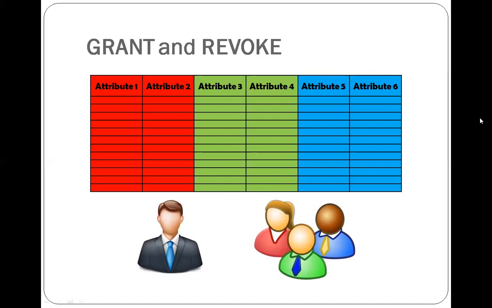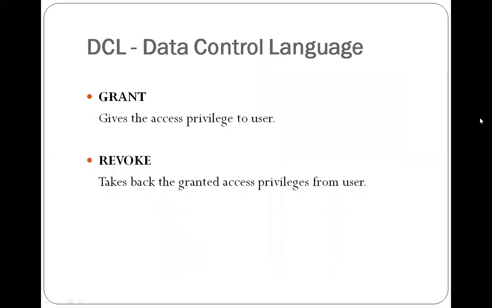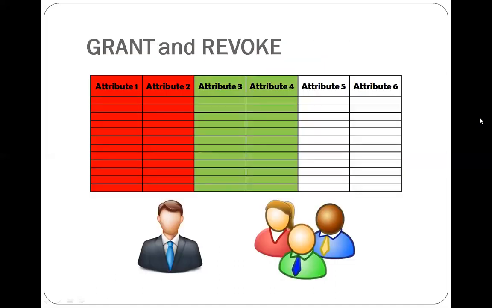Okay. Using the grant command, the administrator can give those permissions to the particular user, and if he or she wants, he can also withdraw those permissions by using the revoke command like this.